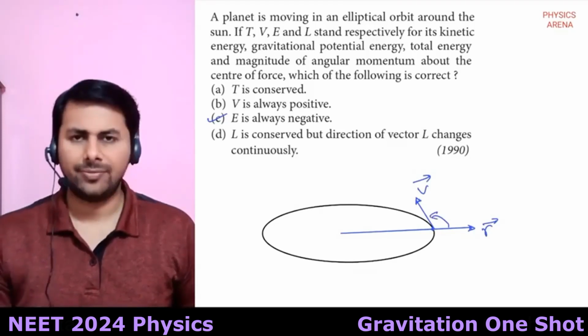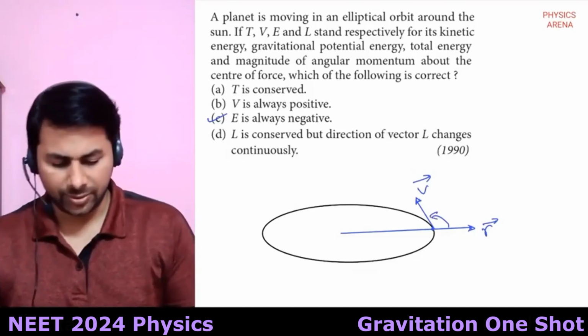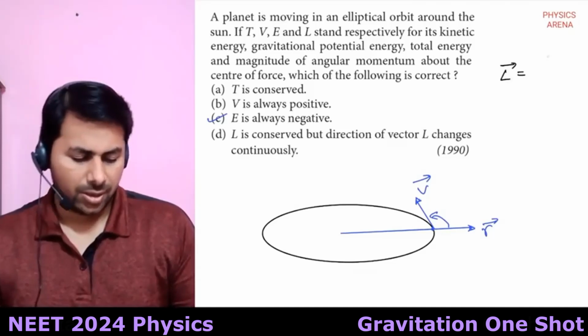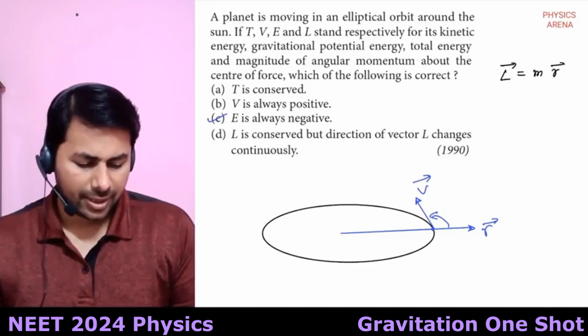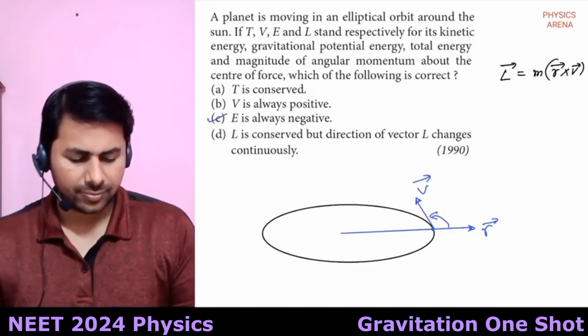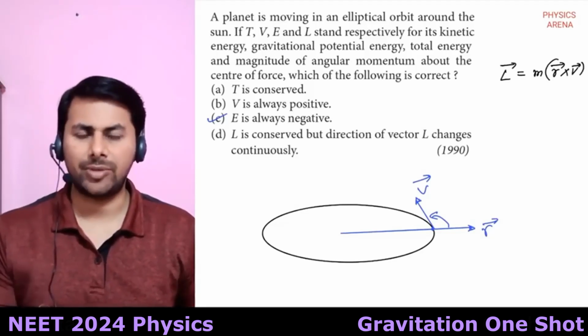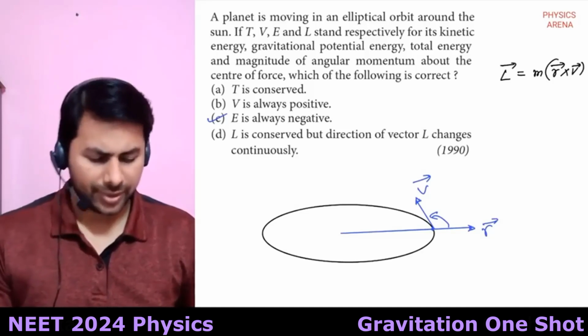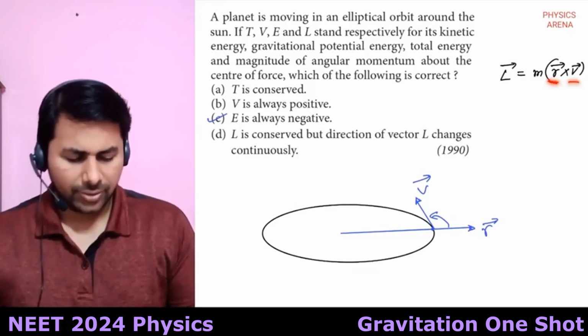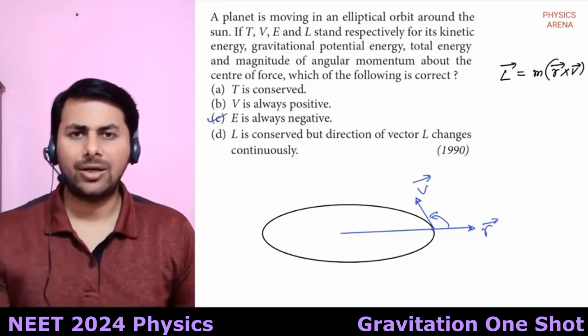What will be the direction of L? L is equal to M multiplied by R cross V, because it is R cross P. P is linear momentum, which is M into V. So it is directed along the vector product of R and V.